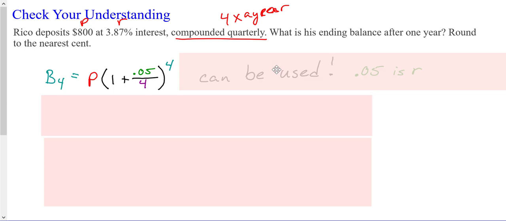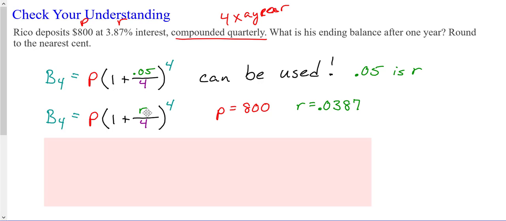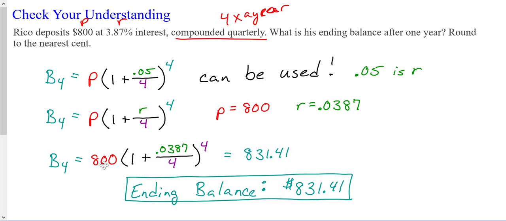All we have to do is substitute R for 0.05 to represent the rate, and then put in our principal and our rate. So we would put in 800 for the P value, and our rate would be replaced with 0.0387. The 4's would stay the same. Calculate it out, and we get $831.41.